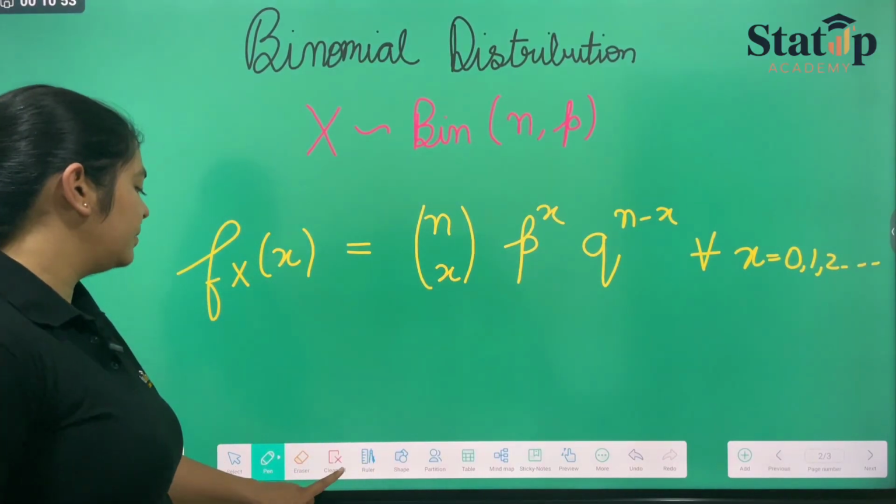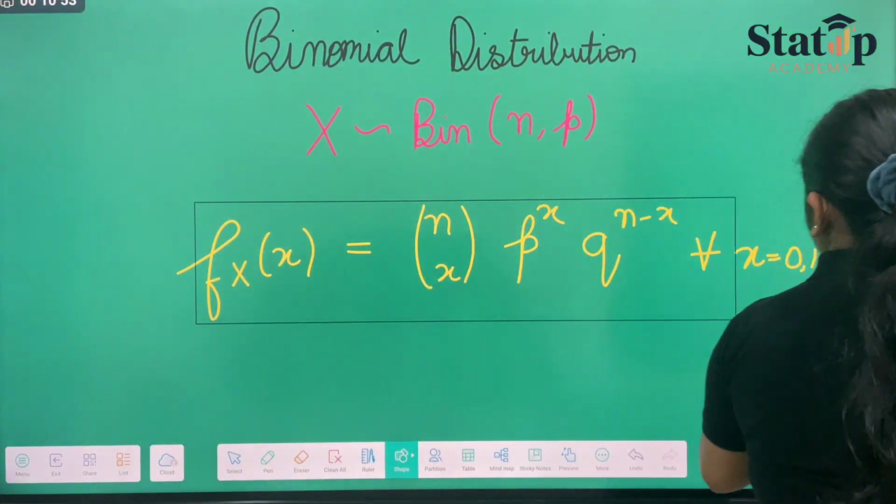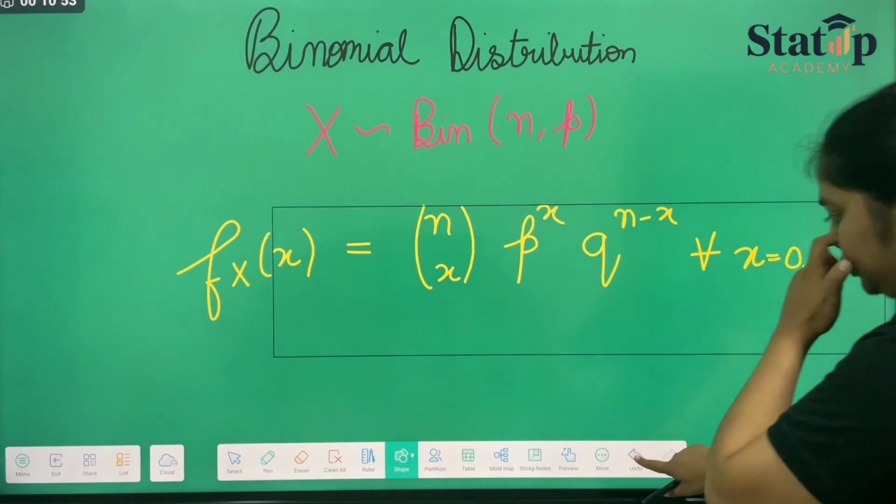This forms our binomial distribution PMF, and this will be beneficial for us.